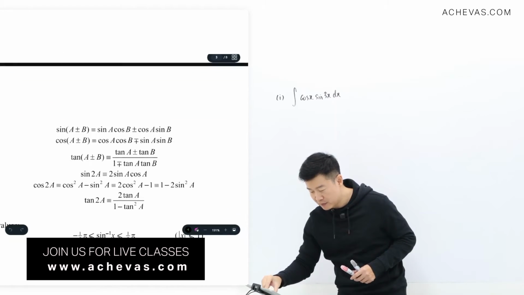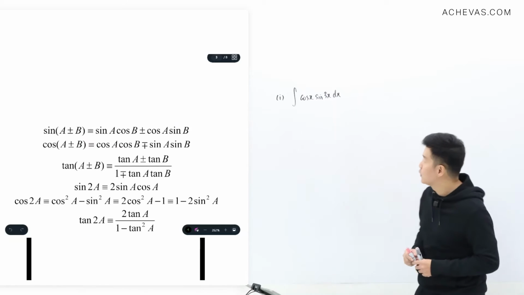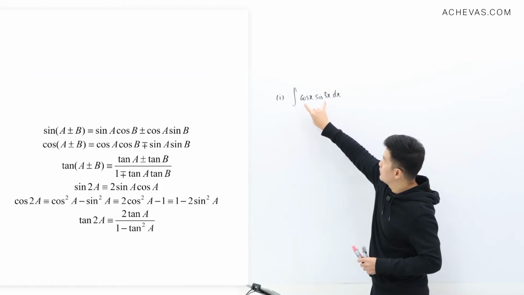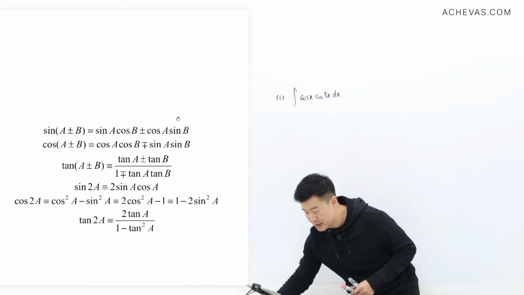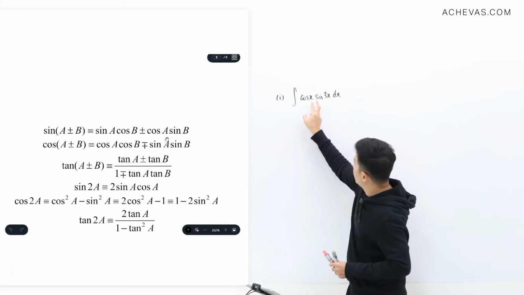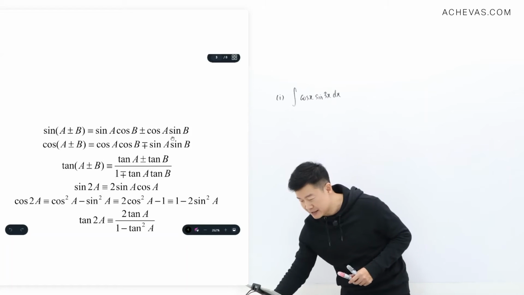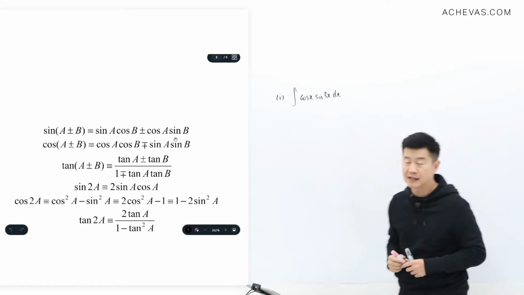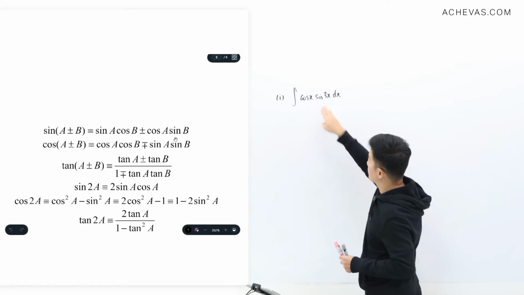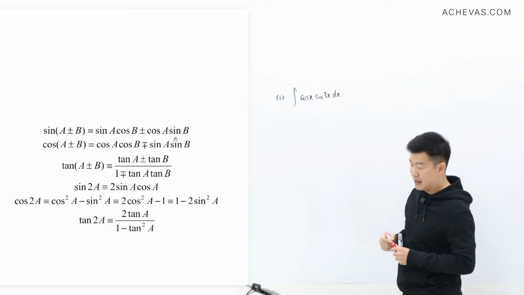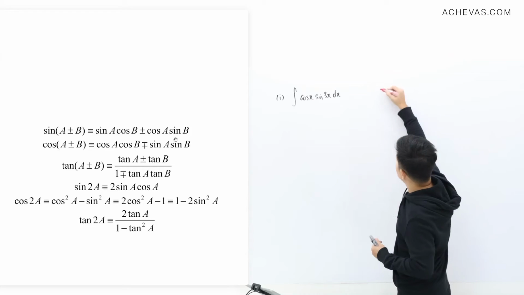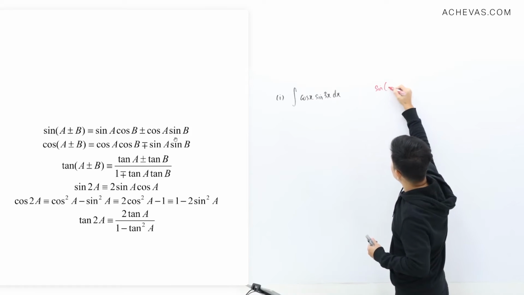And I think one of the identities that will enable us to do some re-expression for this will be the very first identity here, treating A as x, then B as 3x. That will help us to do a simulation based on this, cosine A sine B. So if I can just write A as x and B as 3x, we will have sine of x plus 3x.